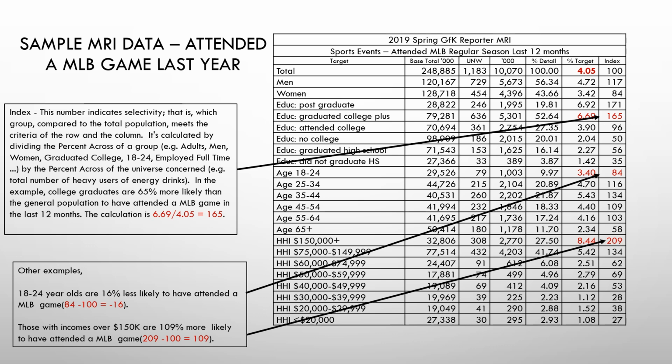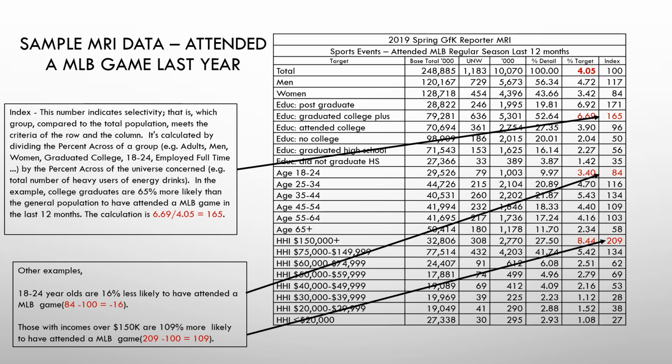In terms of 18 to 24-year-olds, they are 16% less likely than the general population to have attended a game. And those that make 150,000 or more were 109% more likely than the general population to attend a game.